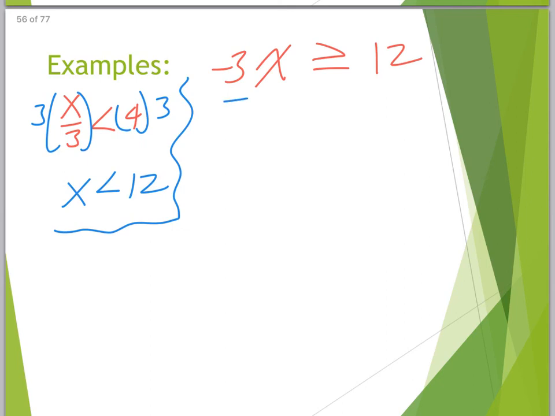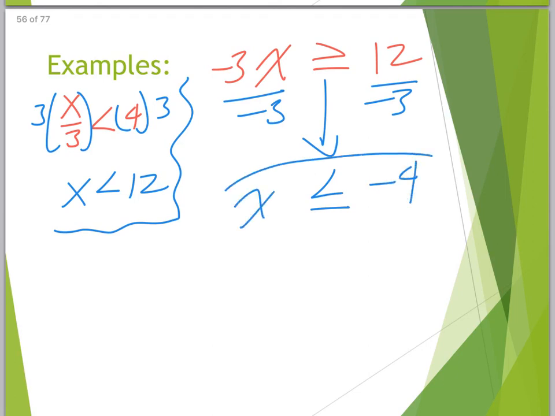Obviously, I'm going to divide by negative 3 on both sides to solve. When I do that, I immediately change the inequality symbol. I flip it around. So we get x is less than or equal to negative 4. So the big difference is when I multiply or divide by a negative in my quest to solve, I have to flip the inequality symbol.